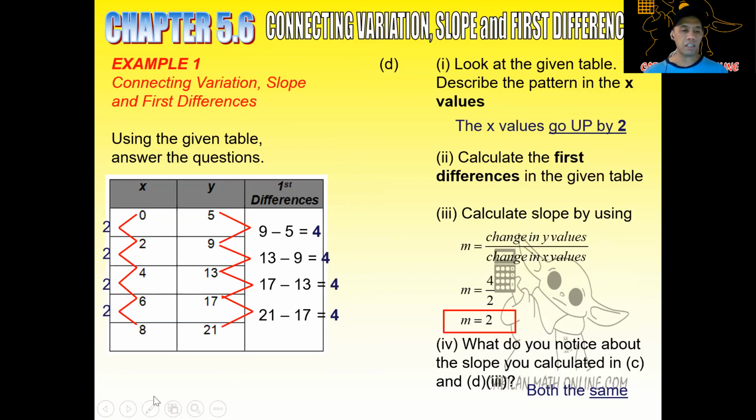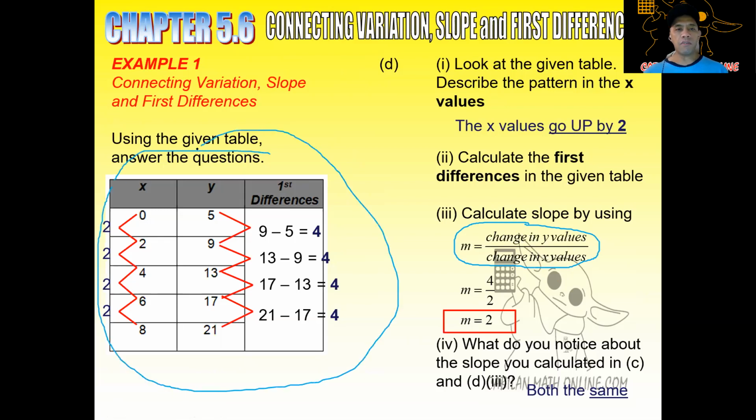Now, common question: this formula, the change in y values over the change in x values, how do we know when to use that particular formula? Well, anytime you're given a table of values, to calculate the slope, you always use this formula, and it's the only time that you can use this formula.